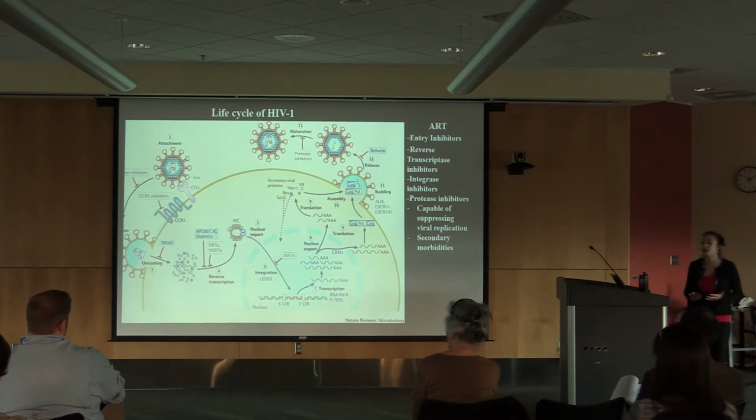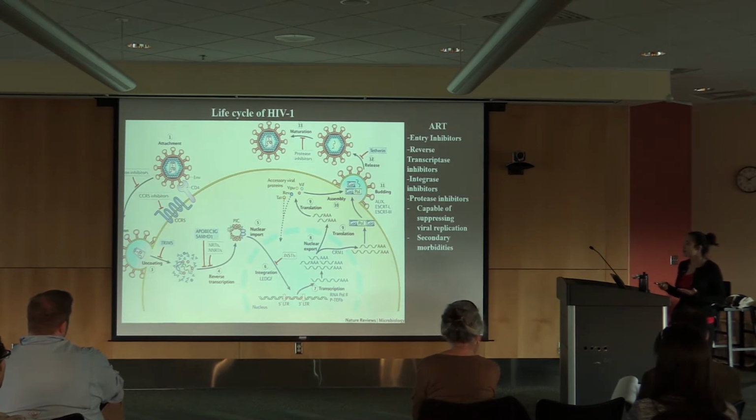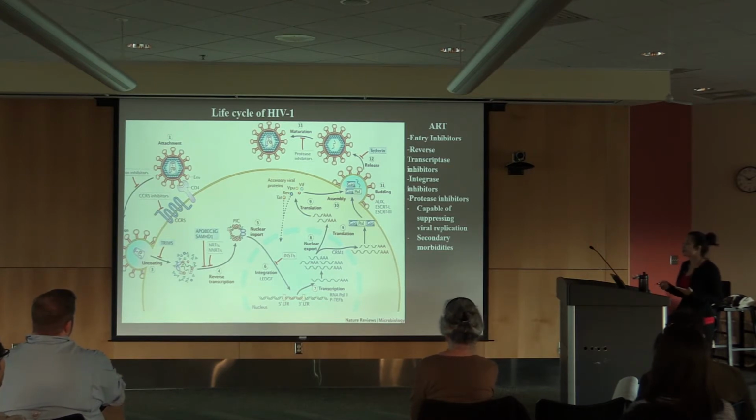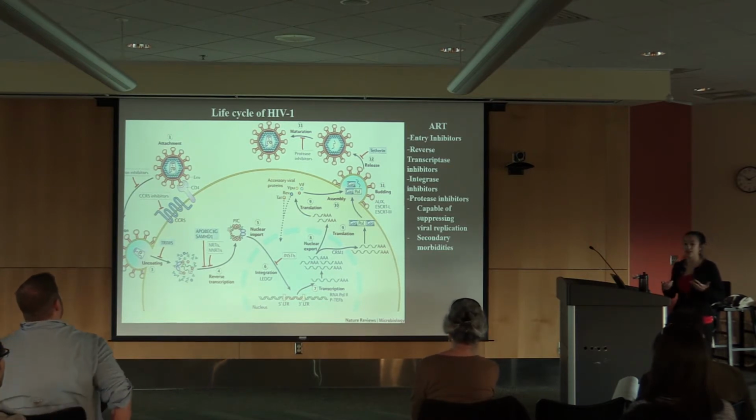So from there, 1 of 2 things can happen. First, the cell can continue to produce viral transcripts where it will shuttle out and create TAT, REV, and NEF, essential proteins for producing infectious HIV.